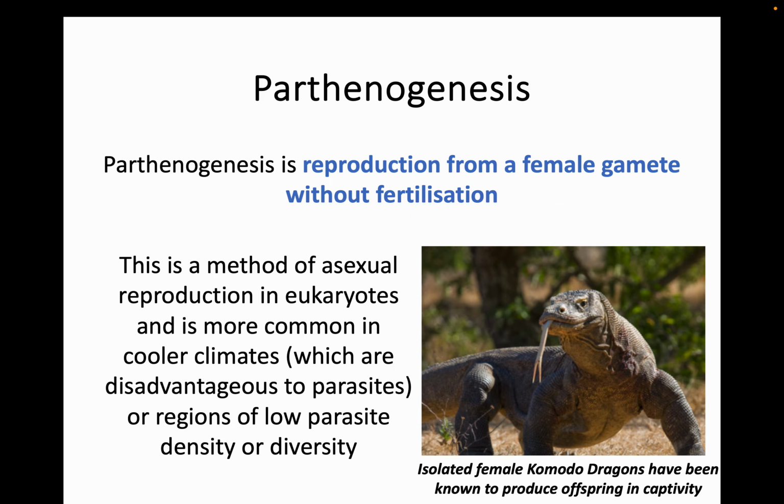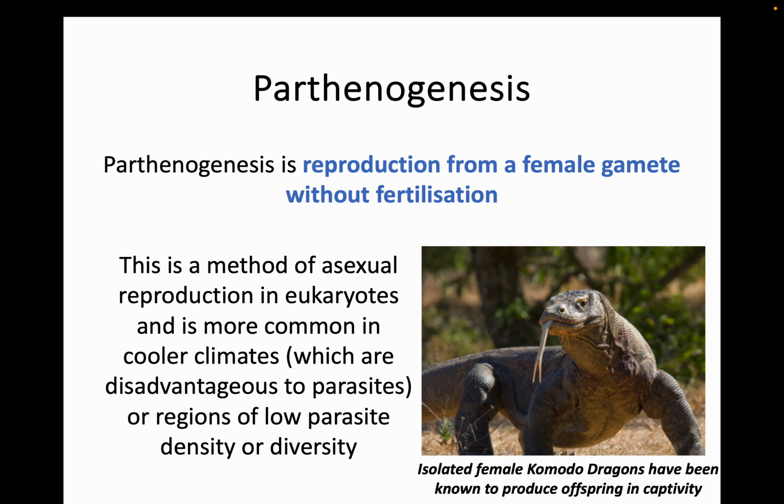One that you've probably not come across though is something called parthenogenesis. Now, the idea of parthenogenesis is reproduction from a female gamete without any form of fertilization. Originally a lot of this first got picked up when we had isolated female Komodo dragons in captivity that had always been on their own, and they started producing offspring, which doesn't make sense in most of our reproductive biology.